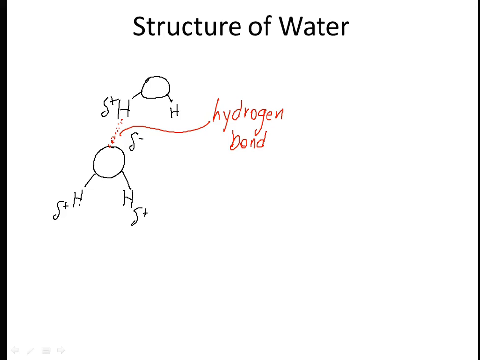So if we add, we could have then another water molecule down here. Again, that will be slightly negative. And it's going to form then a hydrogen bond here. So again, with thousands of water molecules, they're all constantly shaking hands with one another, holding each other as a group.